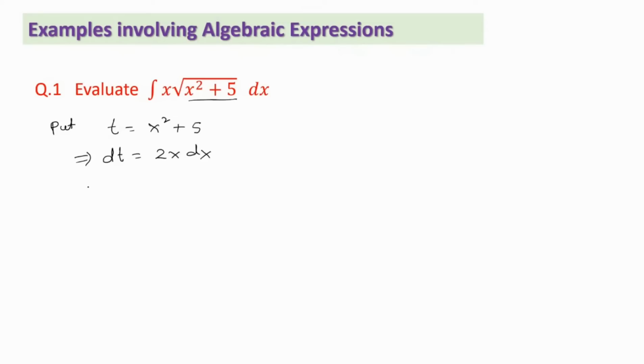Now I will write it. I is equal to the given integral of x times the square root of x squared plus 5 dx.